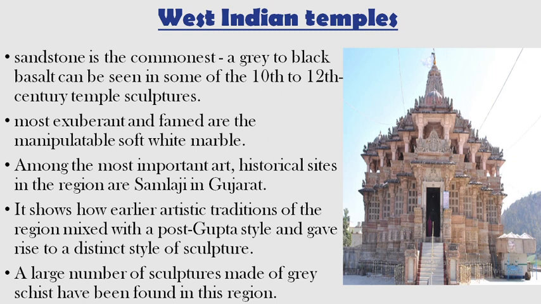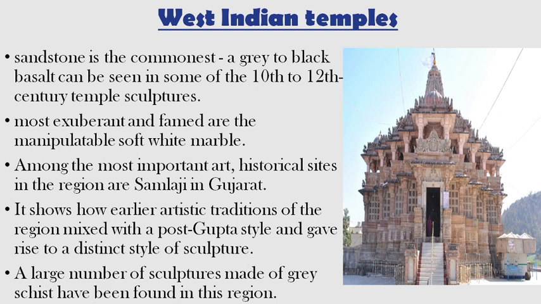The most exuberant and famed are the manipulatable soft white marble of the 10th to 12th century Jain temples in Mount Abu and the 15th century temple at Ranakpur. Among the most important art historical sites in the region is Samlaji in Gujarat. It shows how earlier artistic traditions of the region mixed with a post-Gupta style and gave rise to a distinct style of sculpture.